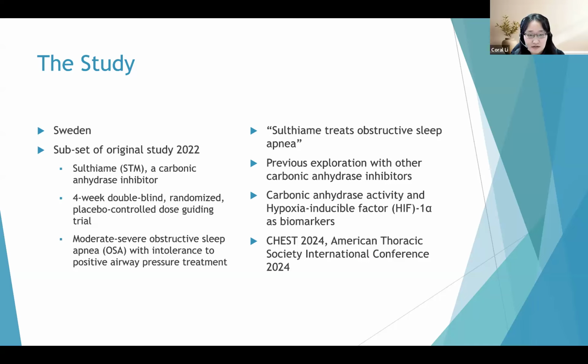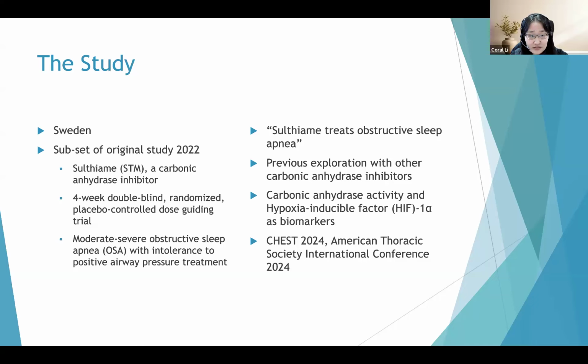Because of the carbonic anhydrase inhibitor mechanism of action, it was studied because of similar studies previously done on other CA inhibitors such as acetazolamide.